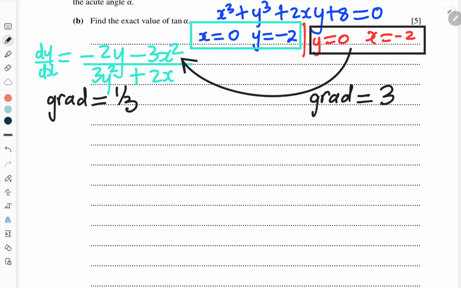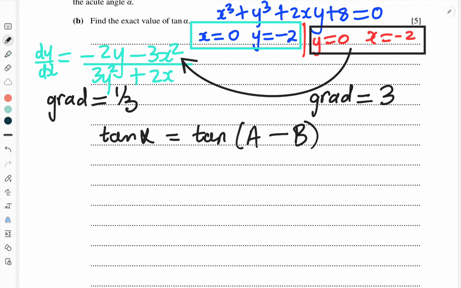Now we need the value of tan alpha, the angle. Our tangent of alpha shall be equivalent to the tan of the second angle there, which you can call A, minus the tangent of the other one, because this is a point of intersection where those angles are going to subtract each other.